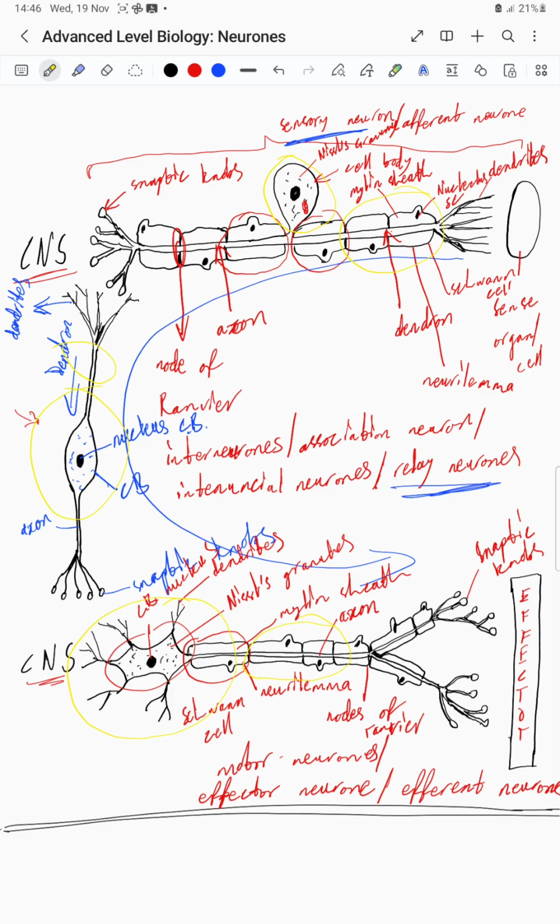The effectors we have talked about are, for example, muscles, and for sensory cells, we can say maybe the skin. So these are the types of neurons, and this is the general structure and the types.